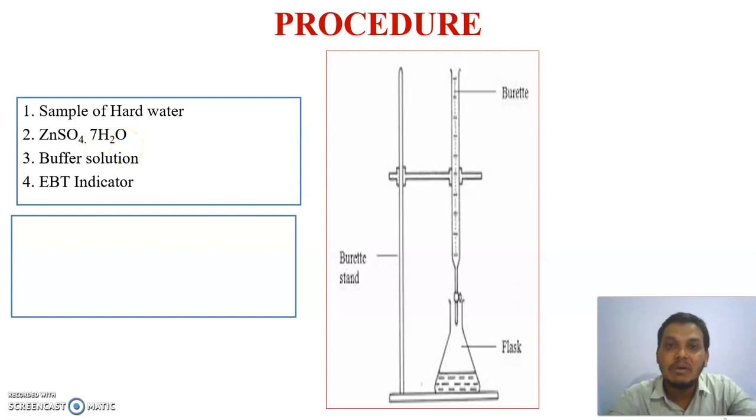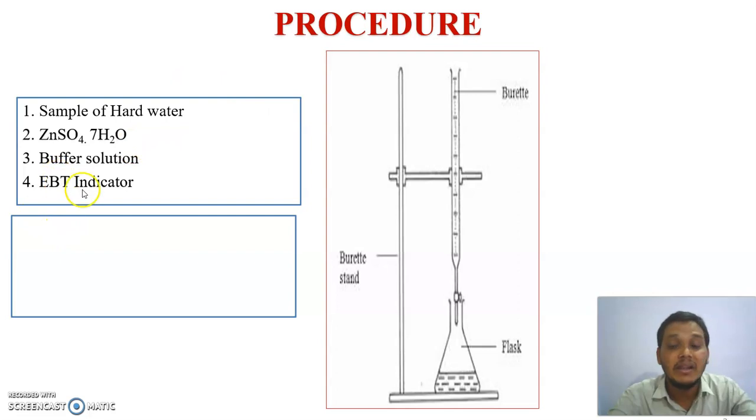Mostly pH 10 buffer solution is required because the metal EDTA complex is stable at pH 10 only, right? If the pH is less than 10 or more than 10, then it might break the complex. The buffer is an ammonia buffer solution, that is ammonium hydroxide and ammonium chloride, at pH 10.